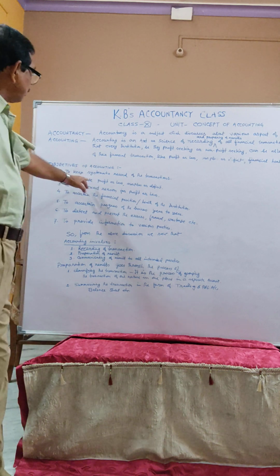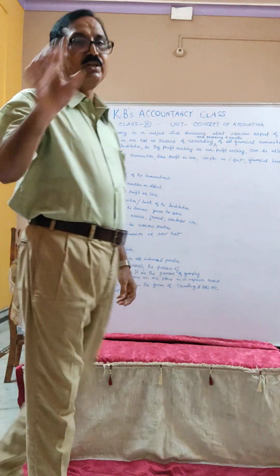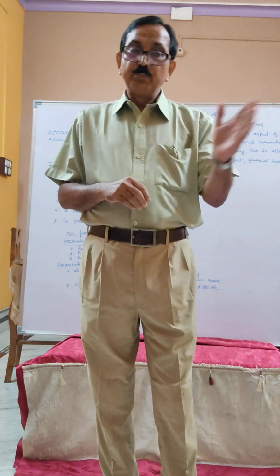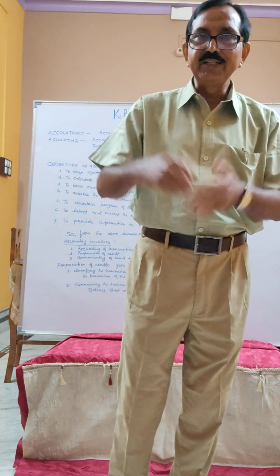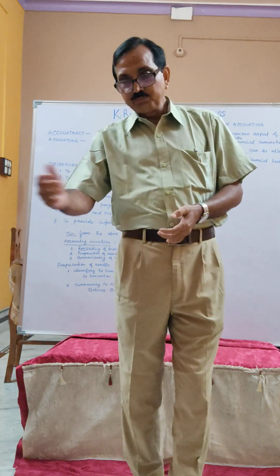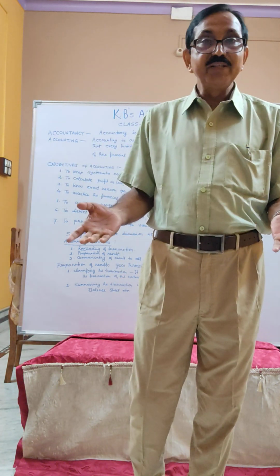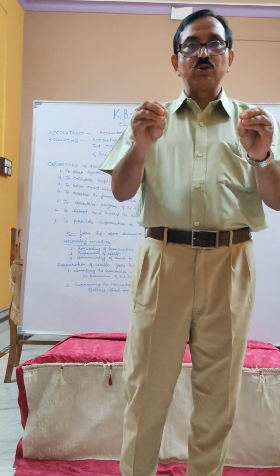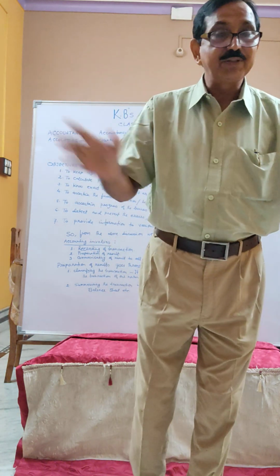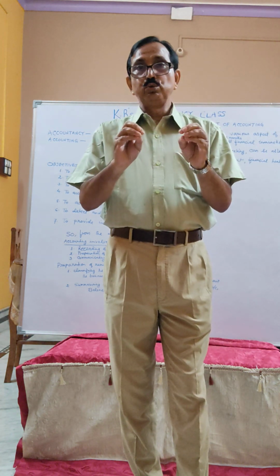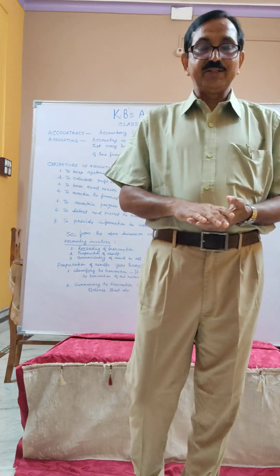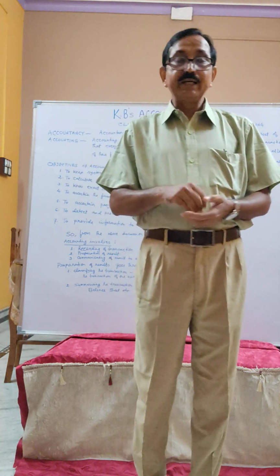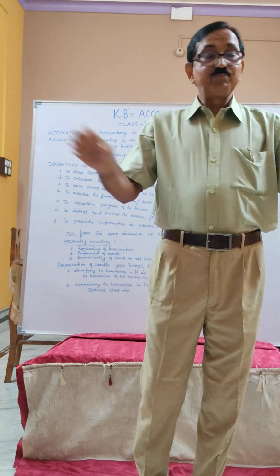Number two, to calculate profit or loss, surplus or deficit. Institutions are of two types. First, profit seeking concern or profit seeking institution like business. Non-profit seeking concern like library, school. First, the objective of the profit seeking concern is to earn profit. Their main aim is to earn profit. But in the second case, that means non-profit seeking concern, their aim is not to earn profit.